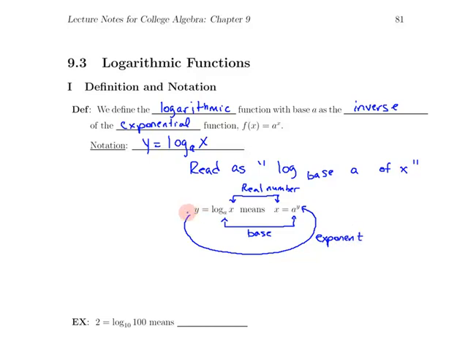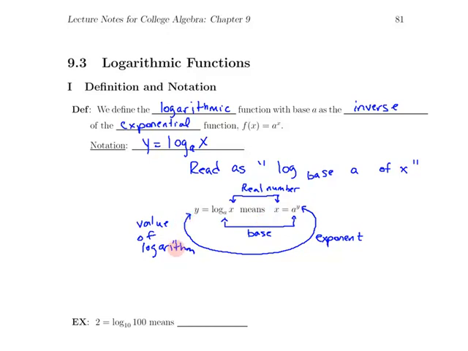On the left-hand side, it's the value of the logarithm. So the value of the logarithm, the output of the logarithmic function, is an exponent. Now let me show you how you can best see this.